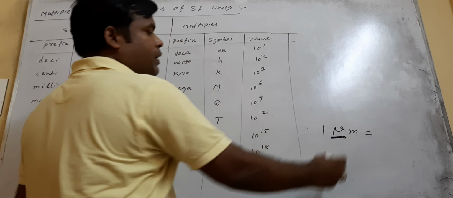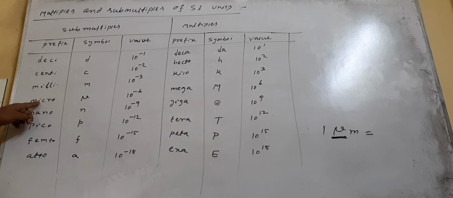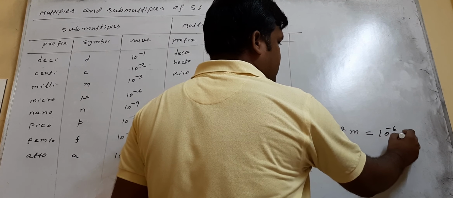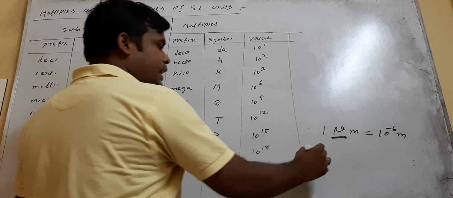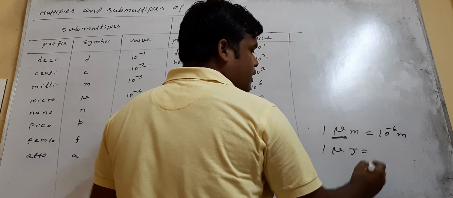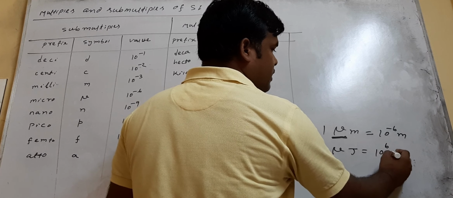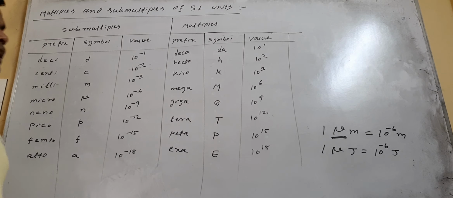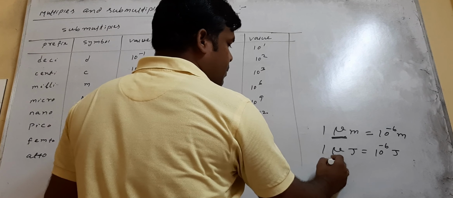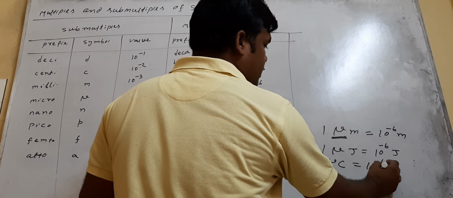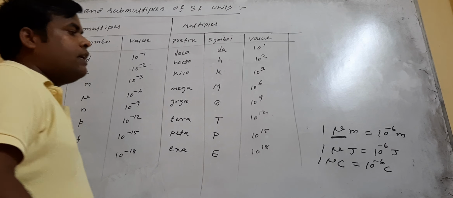It is the symbol of micro. You see, micro, that is 10 to the power minus 6. That is 10 to the power minus 6 meter. If you write 1 microjoule, that is 10 to the power minus 6 joule. Similarly, if you write 1 microcoulomb, then 10 to the power minus 6 coulomb.